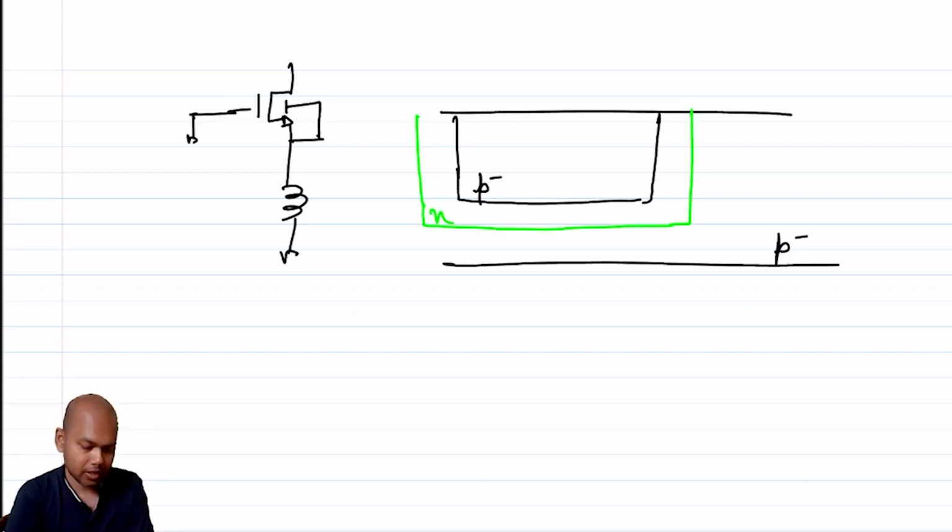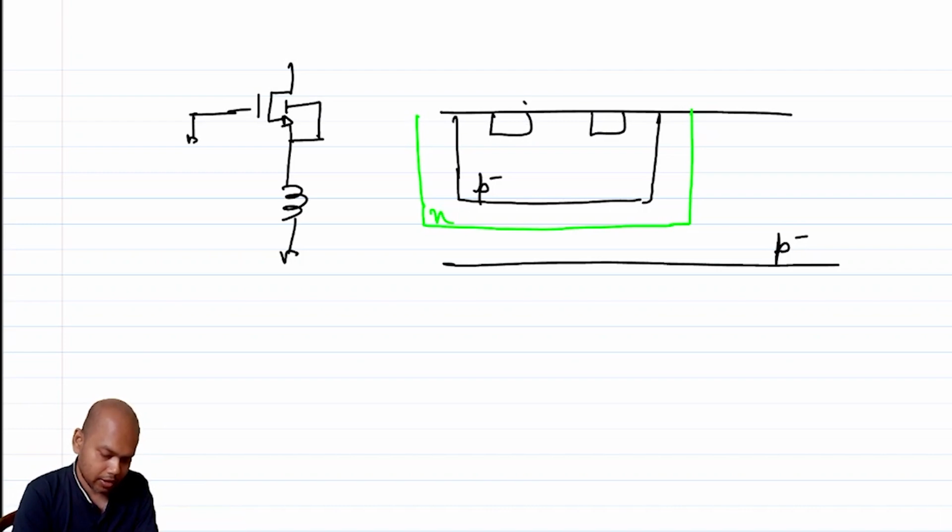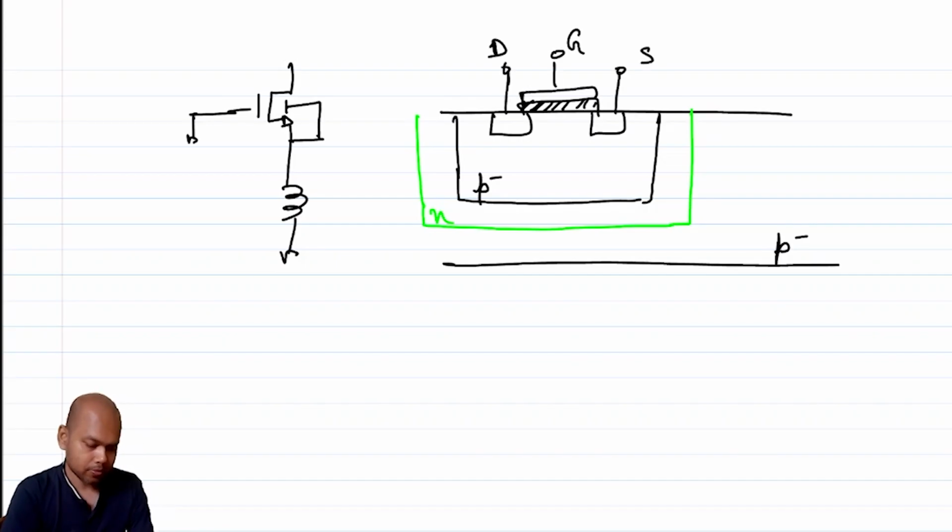We call this P minus, and this new P well was acting as our tub in which we are making that isolated piece of transistor. So we had this gate, drain, source, right?